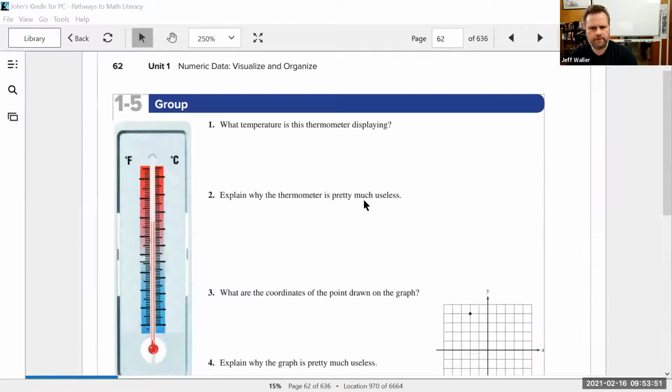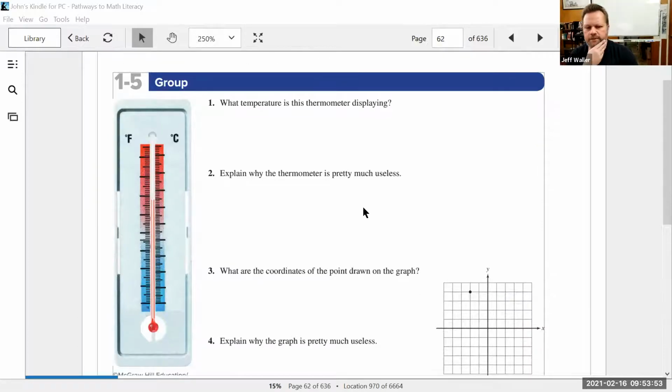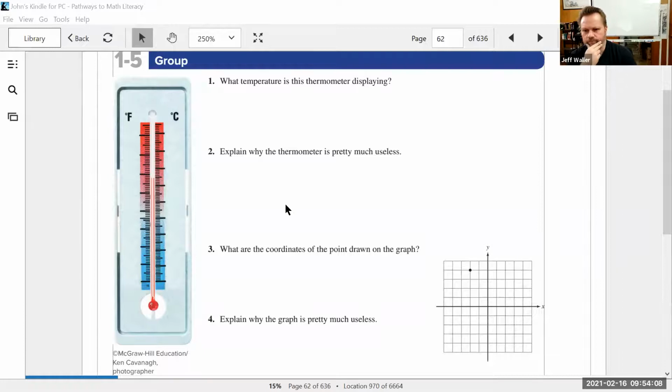This one is, I love this. Can somebody tell me what temperature this is showing me? They didn't label it.